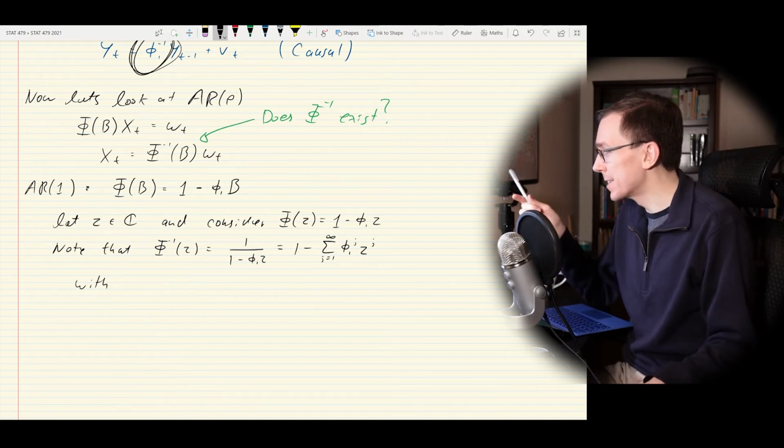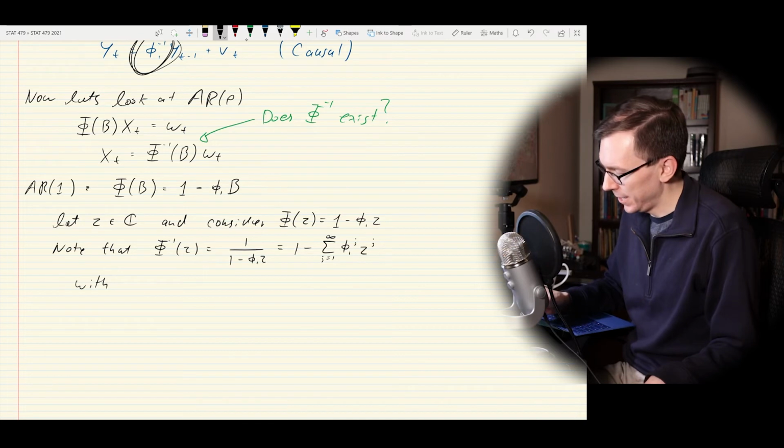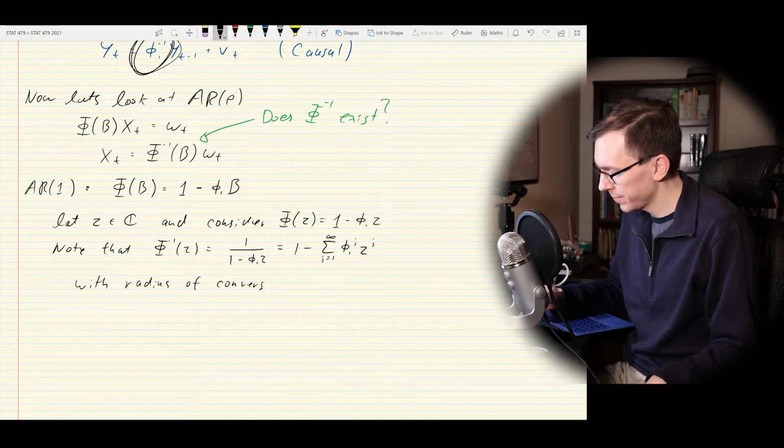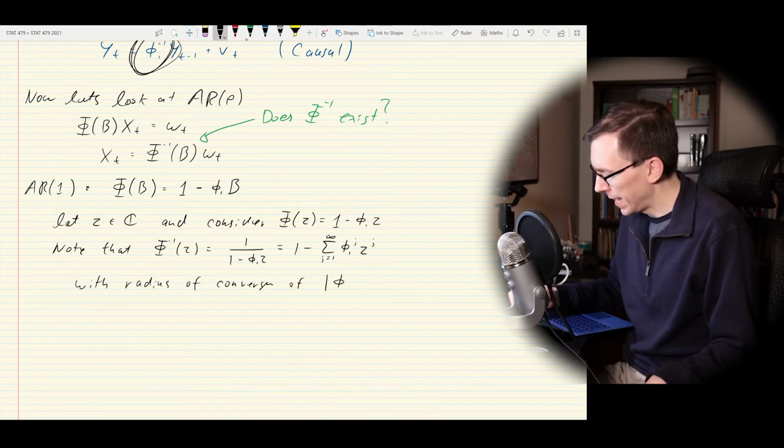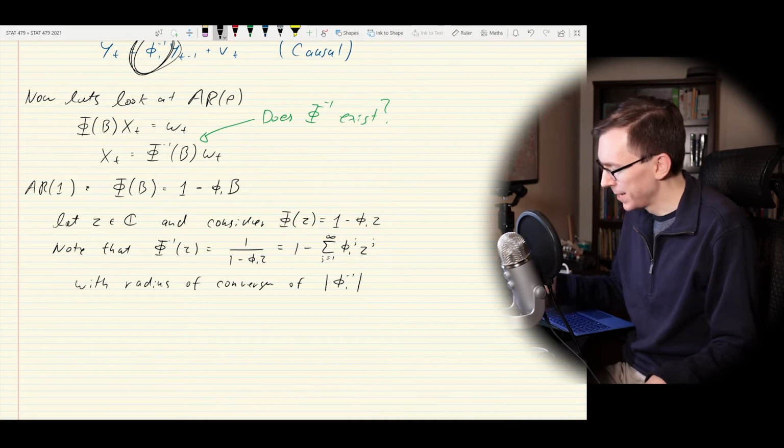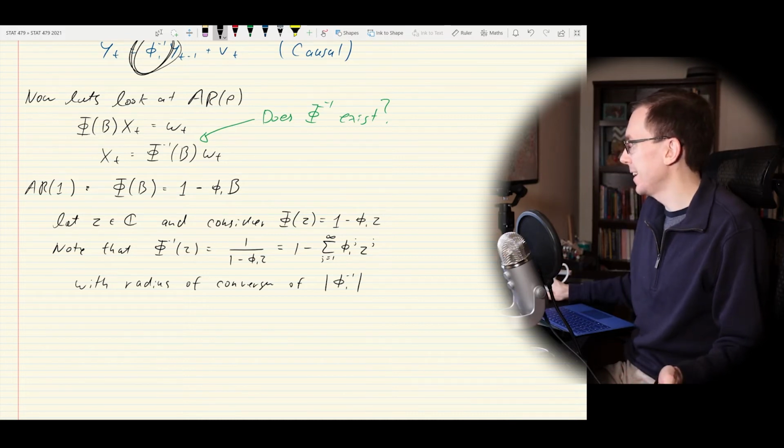It doesn't really make sense. But here we're going to have a radius of convergence of phi 1 to the minus 1, let me make sure I have my notes here right.